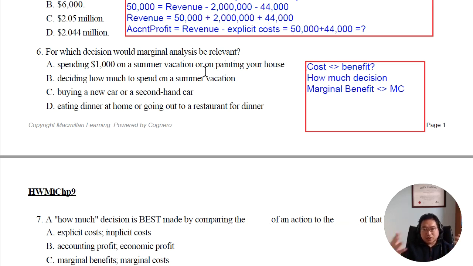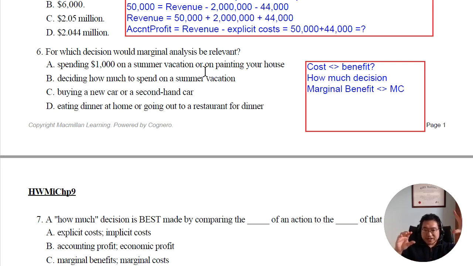After all, the decision will be made by the net benefit, right, comparing the summer vacation benefit with the $1,000 cost and the painting your house benefit with the $1,000 cost. Which one gives you higher net benefit?